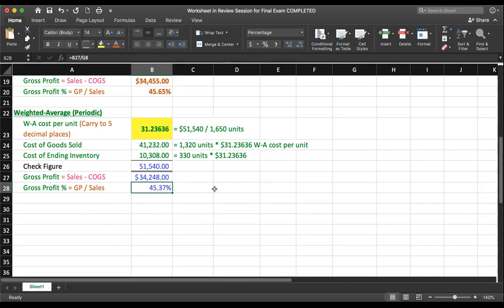Understanding this is really important in future, because when you're comparing company A with company B, and one company uses FIFO and one uses LIFO, then you'll learn how to convert the LIFO into FIFO numbers so that you can make meaningful comparisons between the companies.